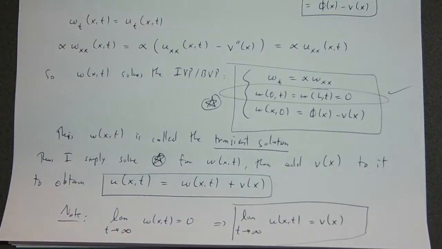It reflects the eventual or long-term behavior of the system in question. And so this transient solution really is measuring how far you are away from the eventual steady state solution. It's your displacement from the steady state solution, if you like. Okay.